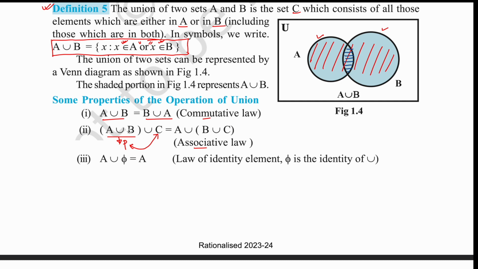That means A union B union C is going to be equal to A union of B union C, right?